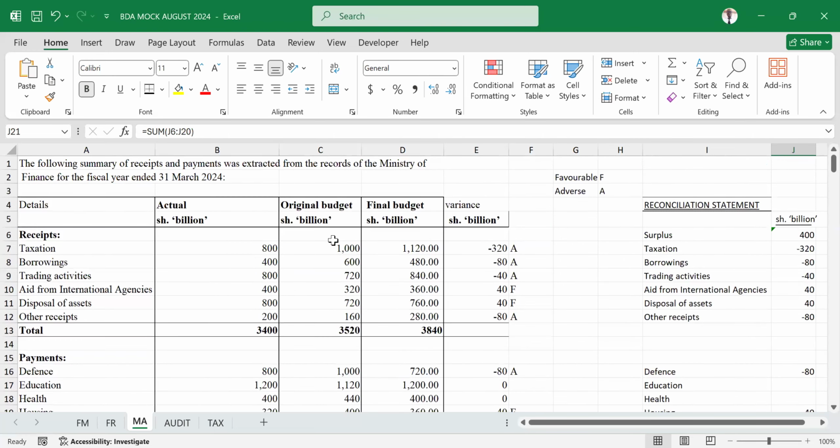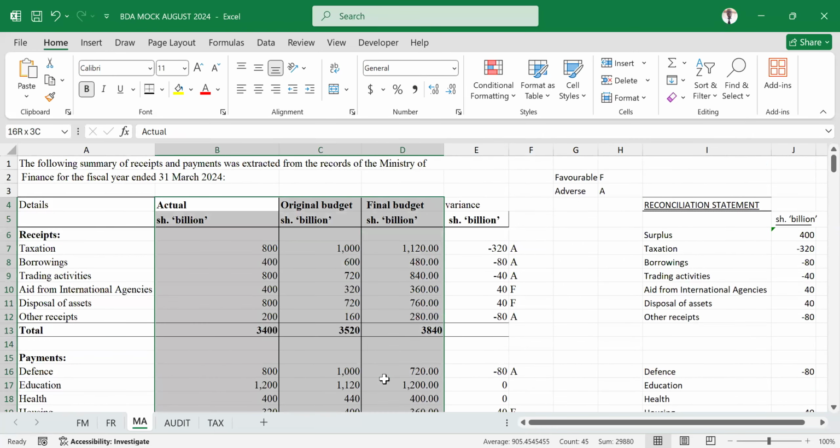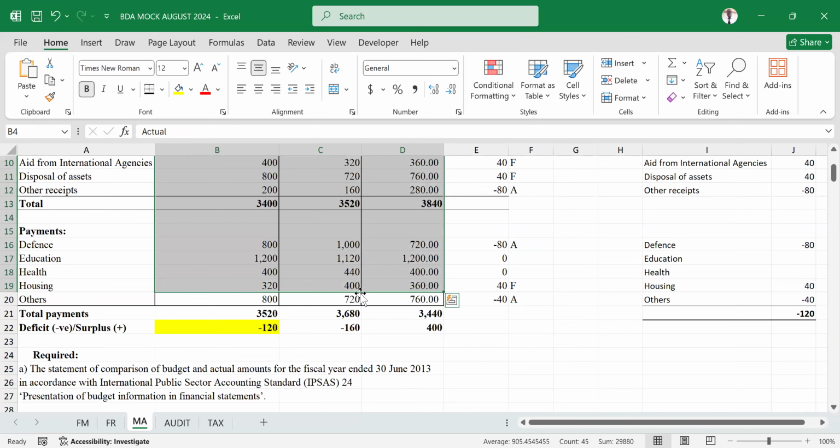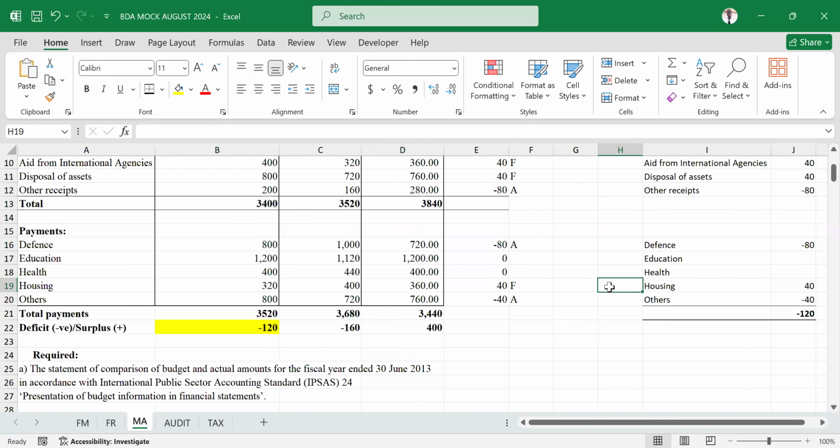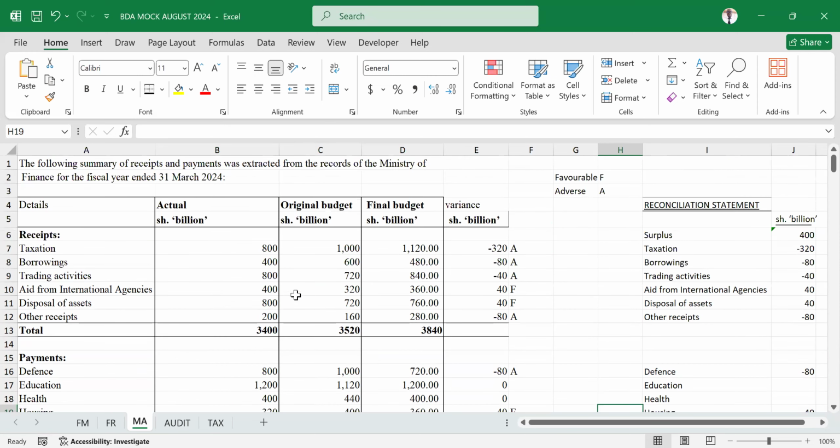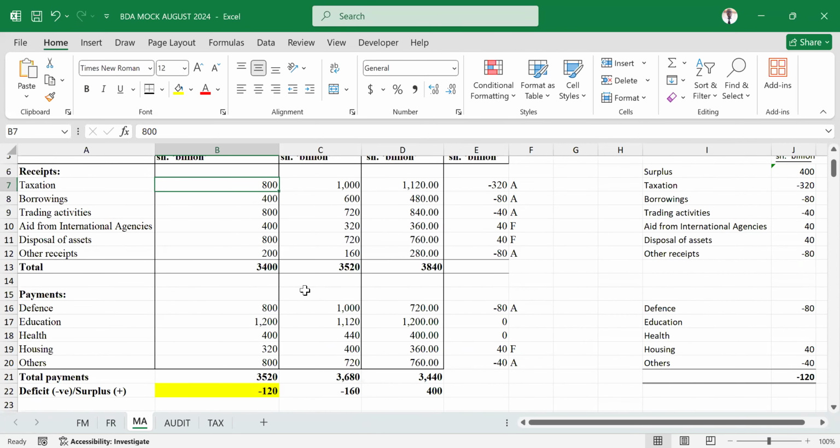All this emanated from the original data that we were given. So what the examiner is asking you is very easy. In fact, no computation. You don't have to think hard. Just pick what the examiner has already given you so that you come up with a chart. And when you're coming up with a chart, remember, before you insert a chart, you have to highlight your data. I hope we all know that.